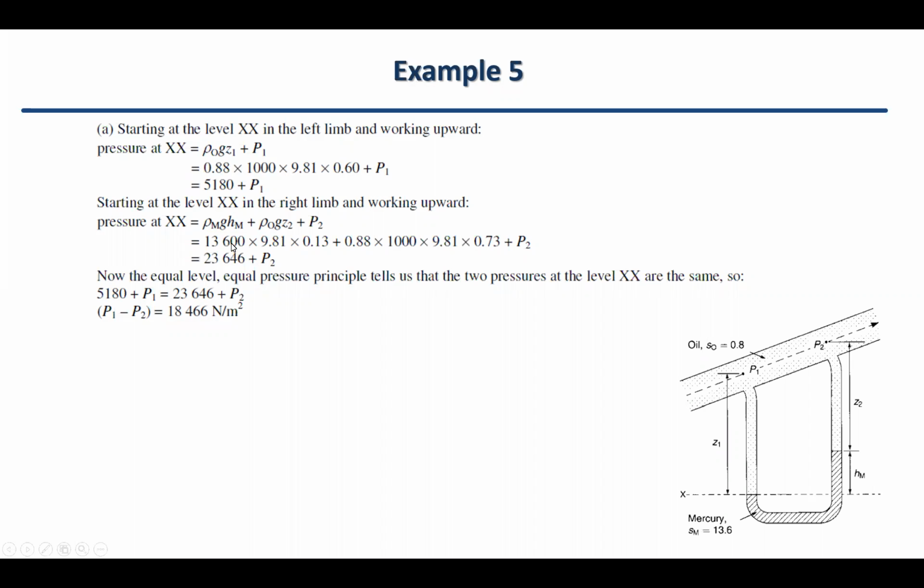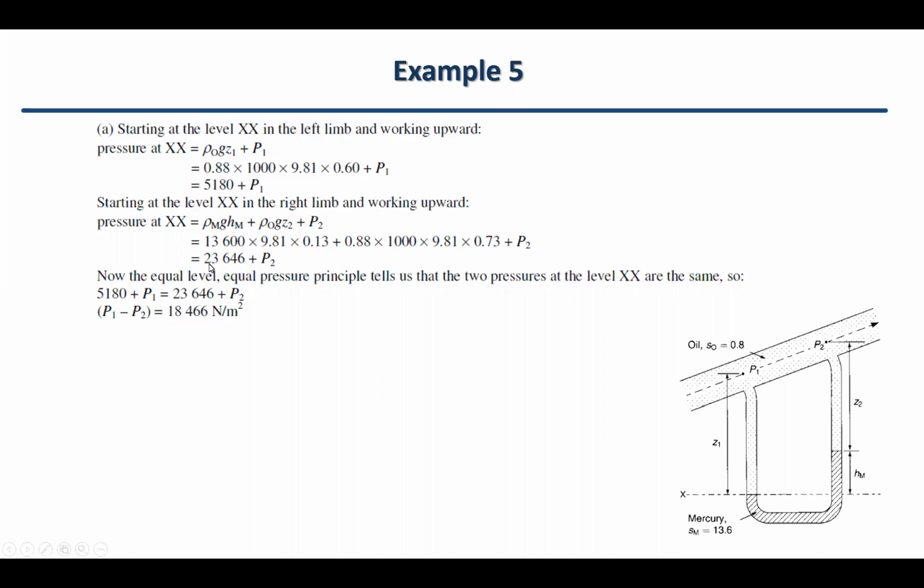On the right limb, we can write rho M g HM plus rho oil g Z2 plus P2. Rho M is 13,600 times 9.81 times 0.13, plus rho oil, 0.88 times 1,000 times 9.81 times 0.73, plus P2.